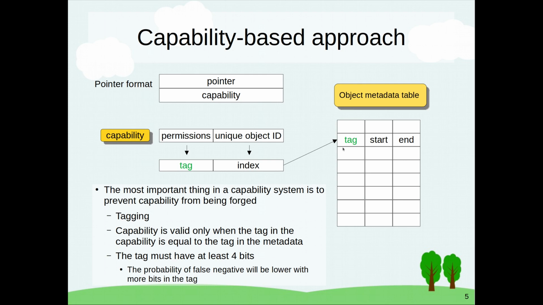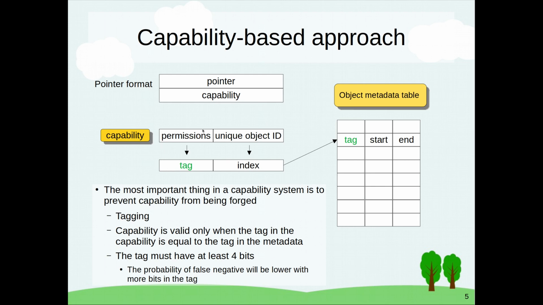Since every object in the program has an entry in this table, the index to this table can be seen as the unique object ID. So the unique object ID is actually an index to the object metadata table.